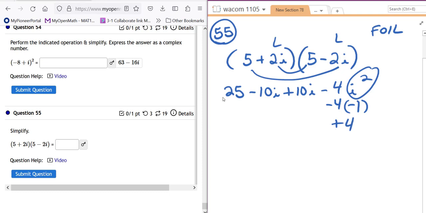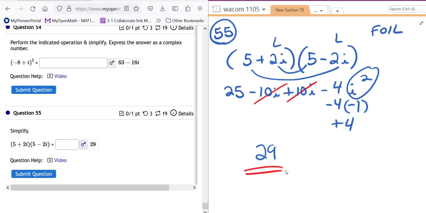Right? The 4 combines with the 25 to give 29. Notice your i's cancel. So your answer is just 29. Right. So that way we got the i problems done.